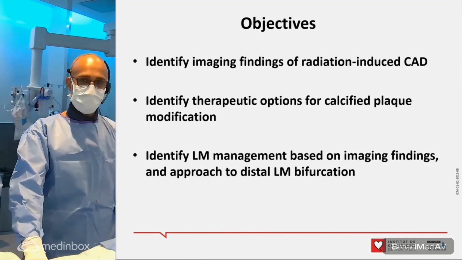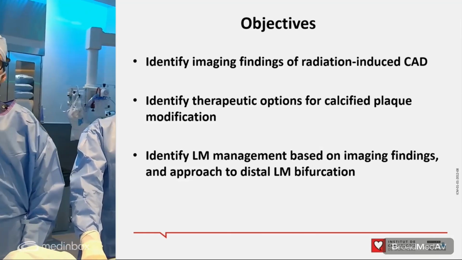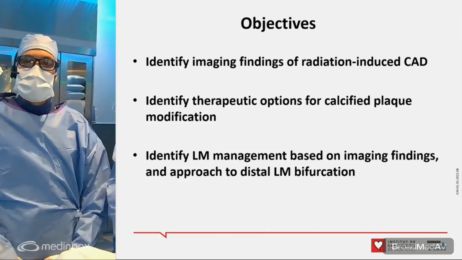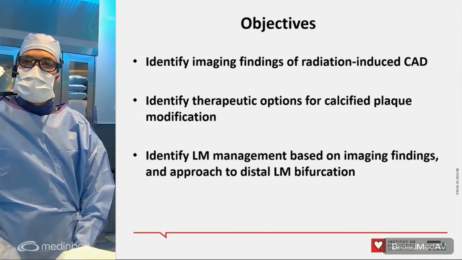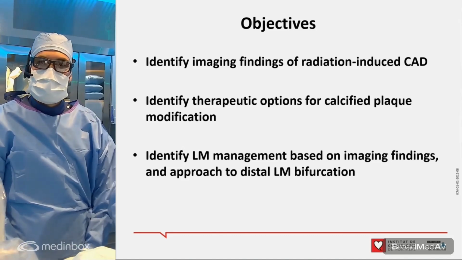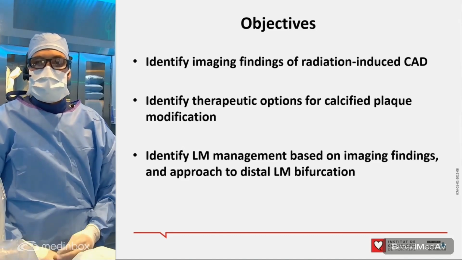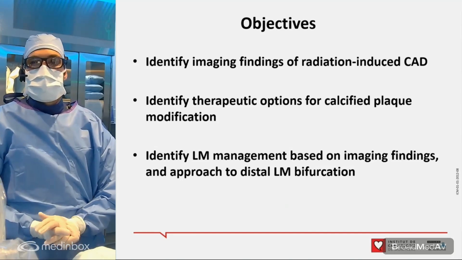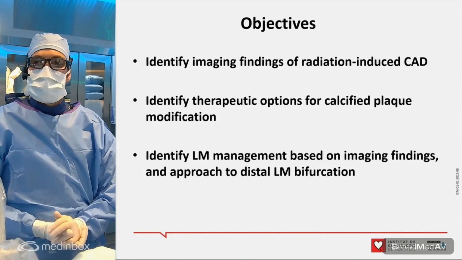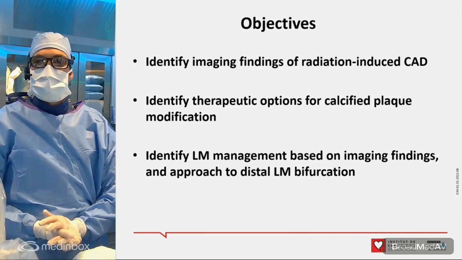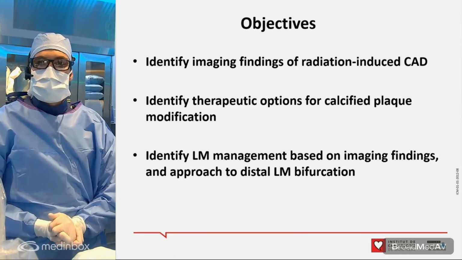So the objectives are to identify imaging findings of radiation-induced CAD, as well as to identify therapeutic options for calcified plaque modification, and as well identify left main management based on imaging findings and approach to distal left main bifurcation.